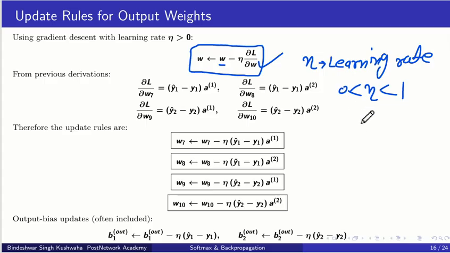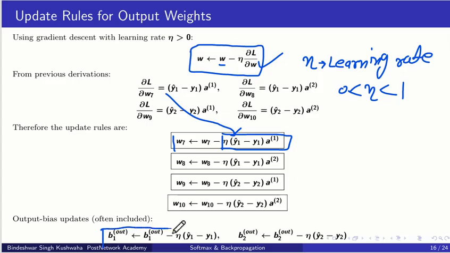Somewhere you will see that this is alpha. The update rule is like this one. Here you can observe this is the value of del L upon del W7, so you will plug it in and update the new weights.